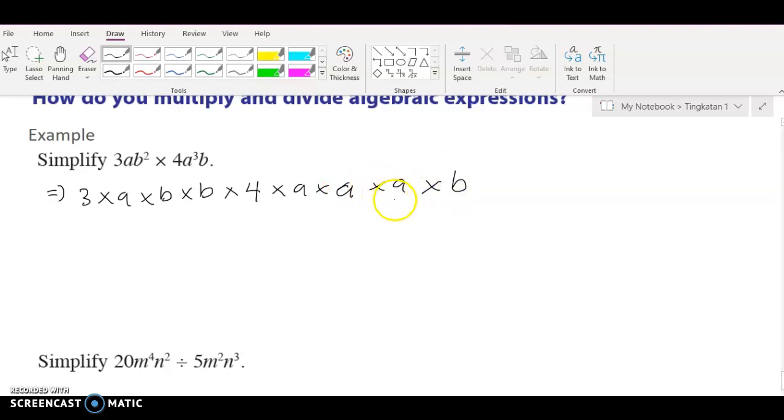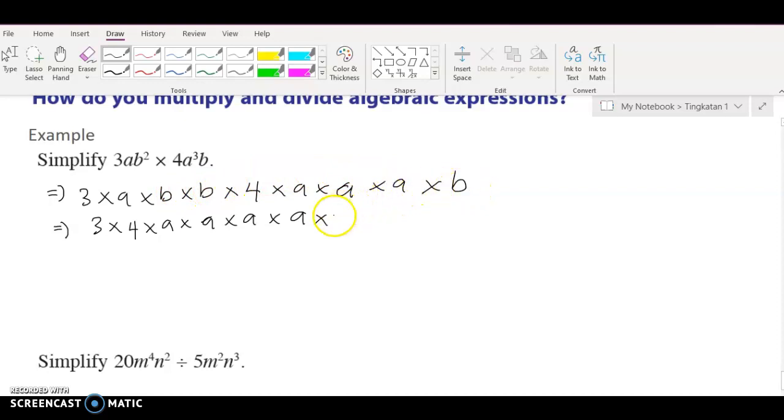Now what you have to do is arrange back all the terms. 3 times 4, we put the number first. Do we have any 3? No. Do we have any 4? Yes, 1 only. And then do you have any a? Calculate how many a: 1, 2, 3, 4. So a 1, 2, 3, 4, multiplied with b. How many b? 1, 2, and 3.